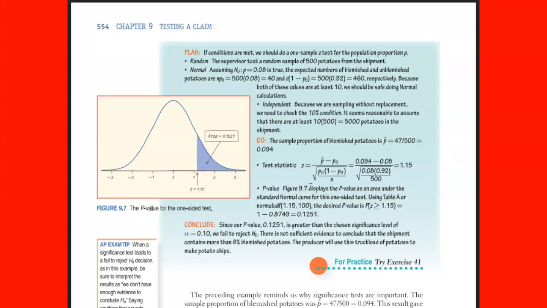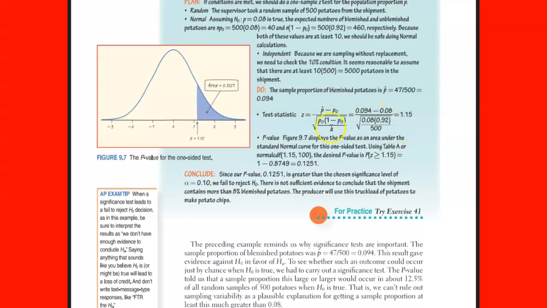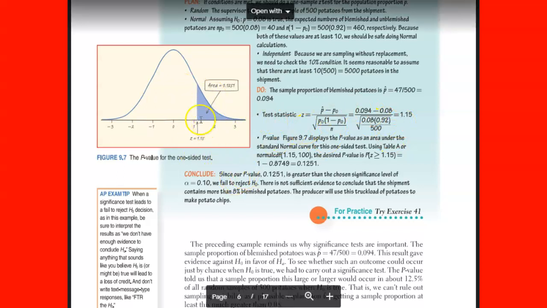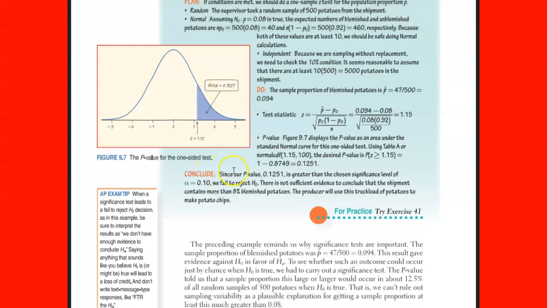Go to Stat, scoot over to Tests, one prop z-test, tell it what you want, have it draw the picture, take that test statistic and p-value, and then make a conclusion about your hypotheses. You either reject the null hypothesis or you fail to reject the null hypothesis. And therefore, we either have evidence in support of the alternate or we do not. Those are the choices.